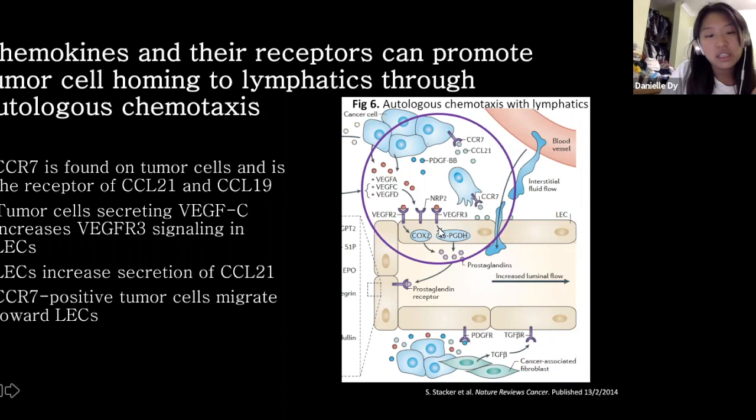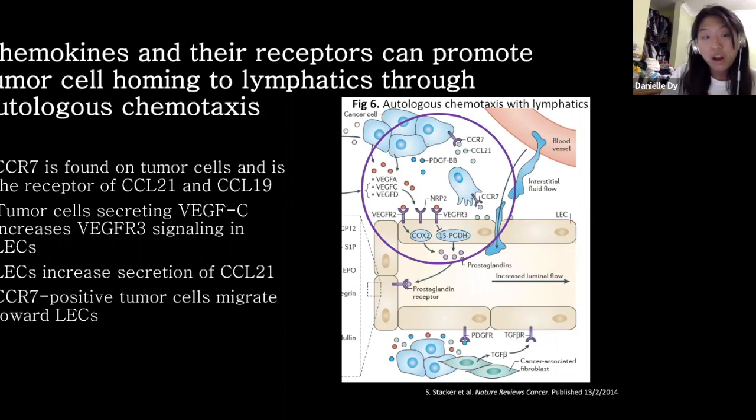As a result of that binding, the LEC will increase the secretion of the ligand CCL21. As you can see, there's an increased concentration here. And then these cancer cells that have the receptors, so they're positive for a receptor that binds the ligand, will therefore be attracted to the LECs. So that was also a significant feature that they had found in their studies.